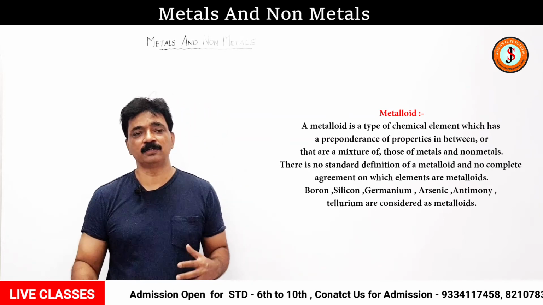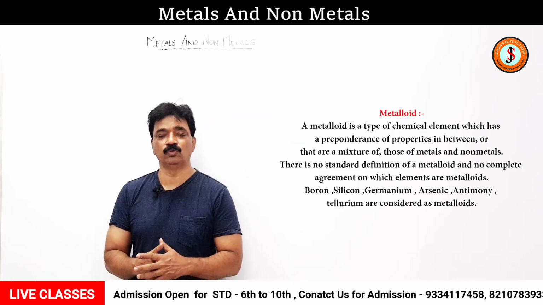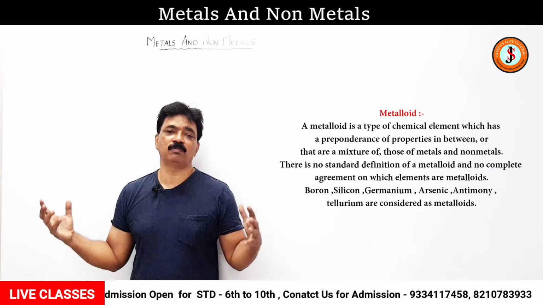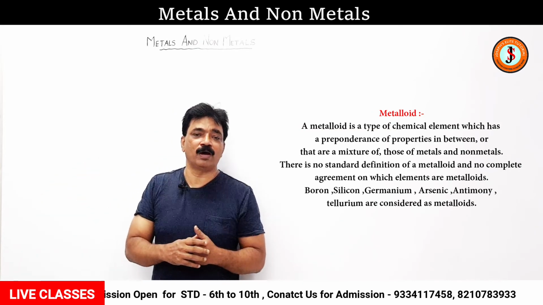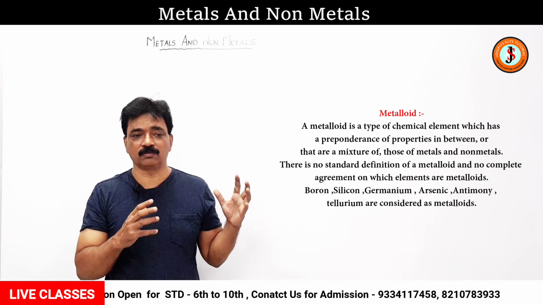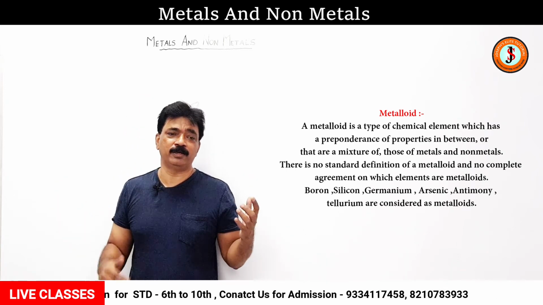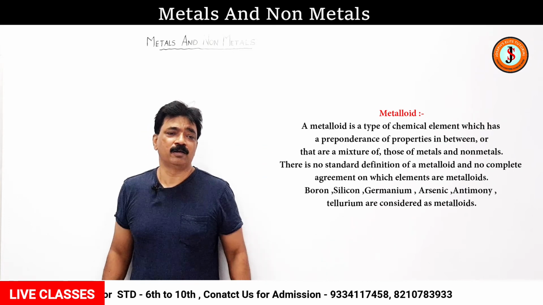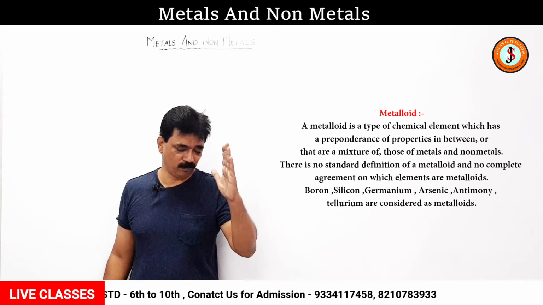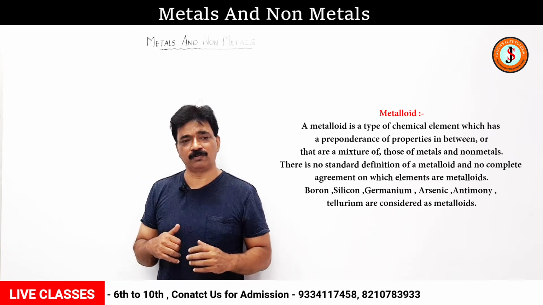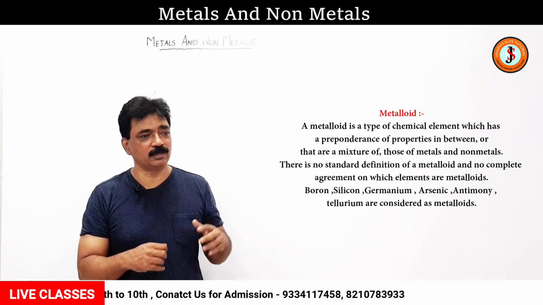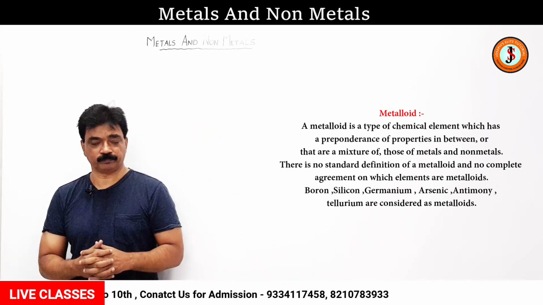However, some scientists will not accept this. Chemists are not all in unison about this grouping. But for 9th and 10th standard, we should understand that there is a border where some elements show intermediate properties, and you should know the list.